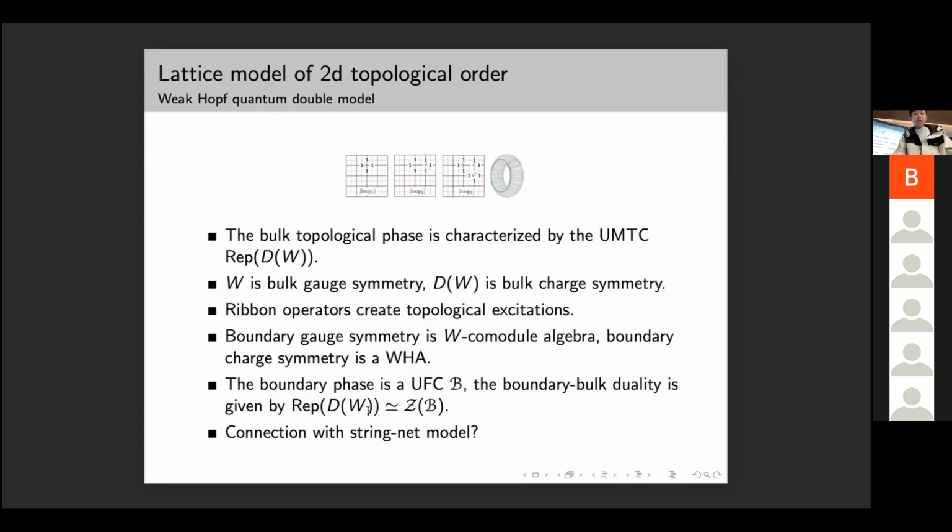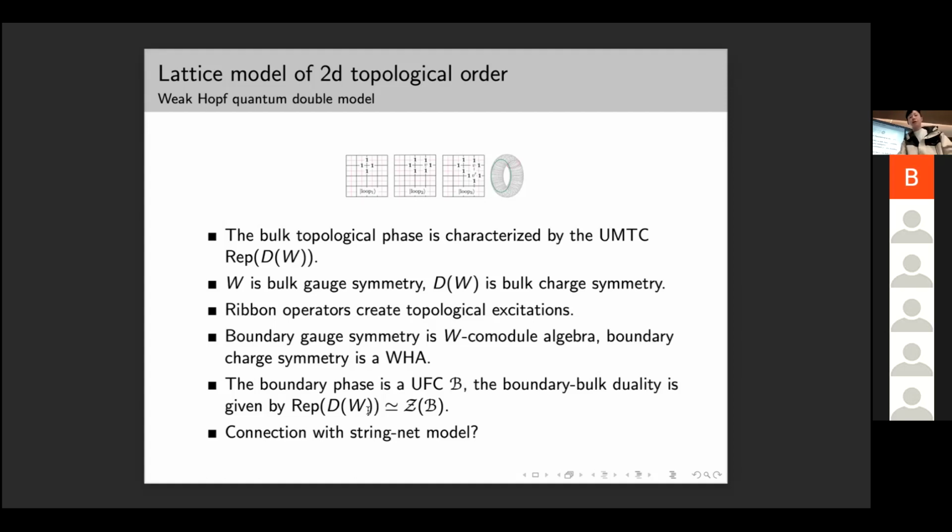So there is a natural question about the connection. Because we know that for the finite group case, the input data is the finite group, and it is equivalent to the string-net model with a UFC as input, the fusion category being the representation category of this finite group. So we can naturally ask what is the relation between this quantum double model and the string-net model.